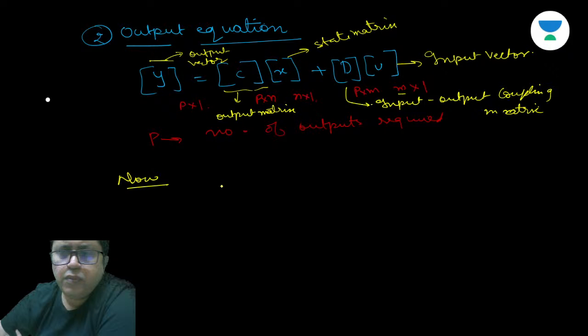So in general form, Y is equal to Cx plus Du.